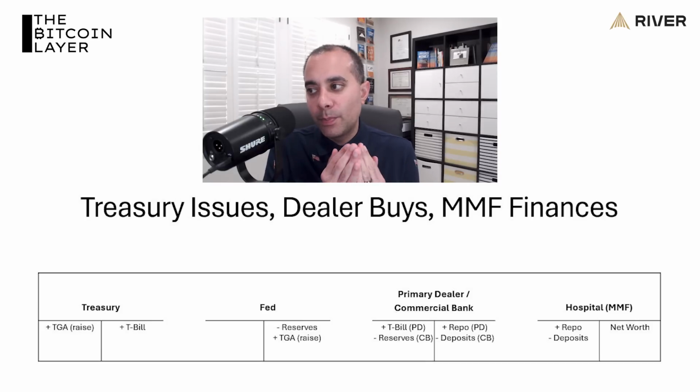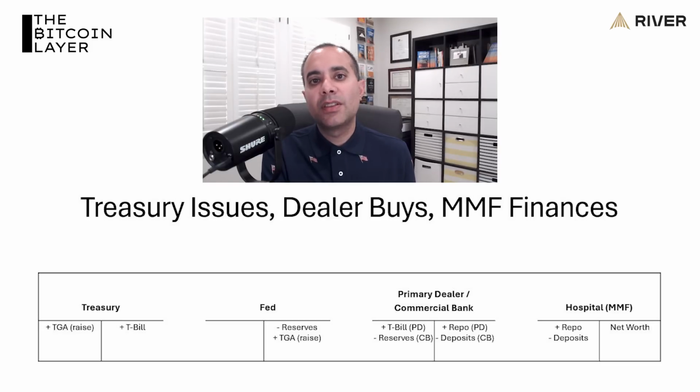And the banking system losing a reserve when the deposit goes out of the commercial banking system to finance the dealer, that money that leaves the commercial banking system is offset by the Treasury taking that money onto its own balance sheet.